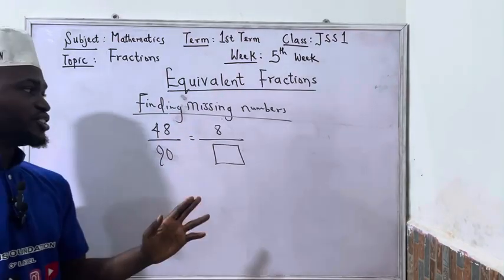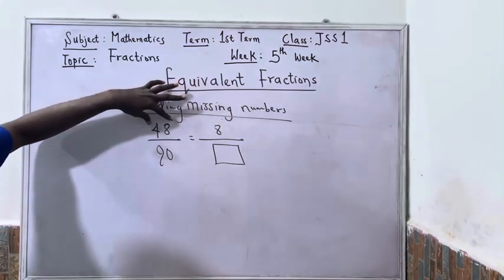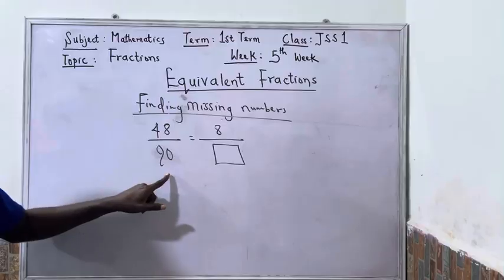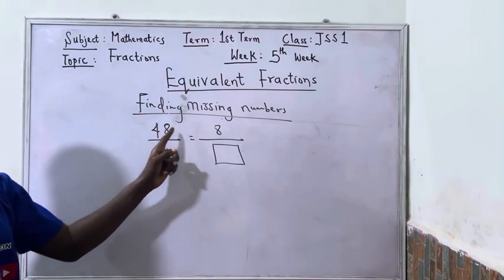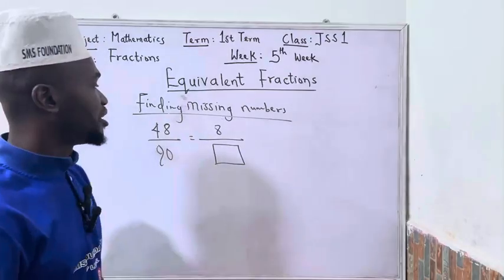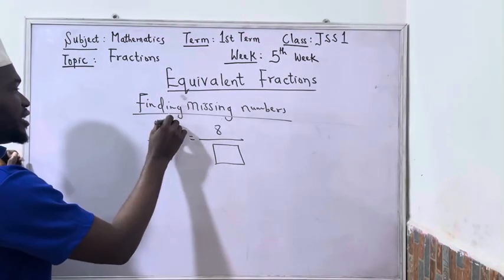Very, very interesting. So clearly, you look at what they gave you to know what you are going to do to the missing one. Now 48 reduced to 8. How does this happen? It's simply by dividing 48 by 6.